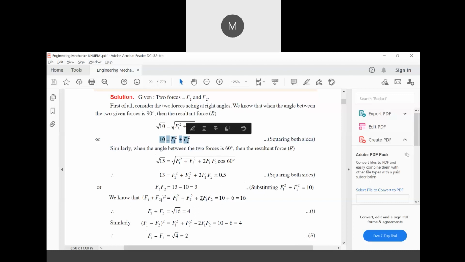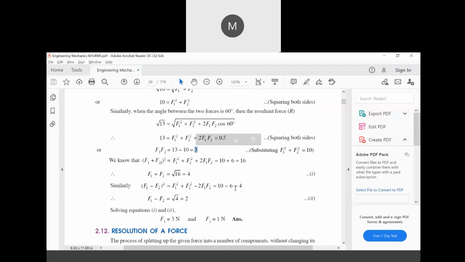And F1 F2 is 3, so 2 F1 F2 means 2 into 3 is 6. So we get 10 plus 6 equal to 16. Why 10? Because 10 is coming from F1 square plus F2 square, and 6 is 2 into F1 F2, which we found out to be 3.